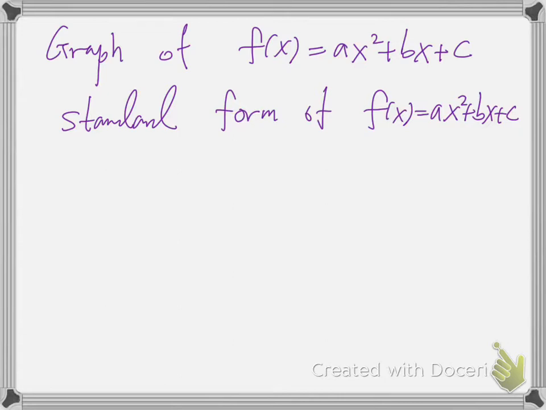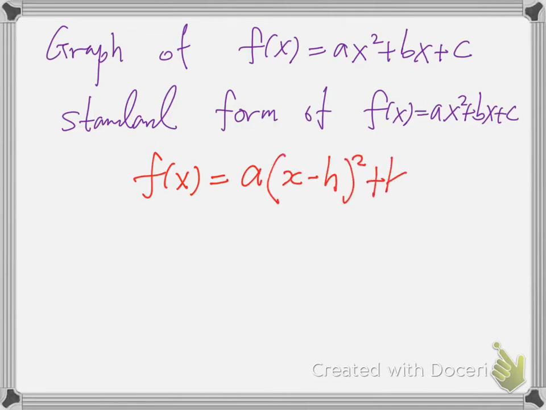We will rewrite f of x as a times (x minus h) squared plus k. So we change ax squared plus bx plus c to this standard form of a quadratic function.